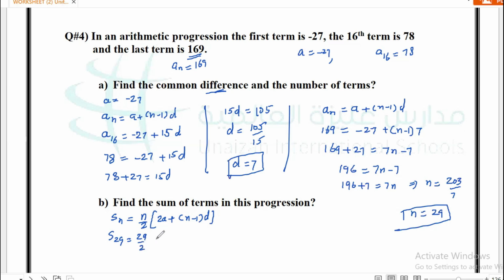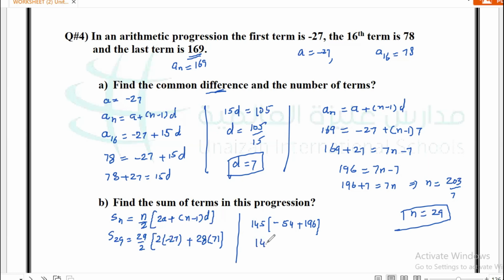So 29 over 2 times (2a, where a is negative 27, plus (29 minus 1) which is 28, times d which is 7). So once we calculate all this, 29 divided by 2 gives us 14.5, and negative 54 plus 28 multiplied by 7 which is 196, and 196 minus 54 gives 142.